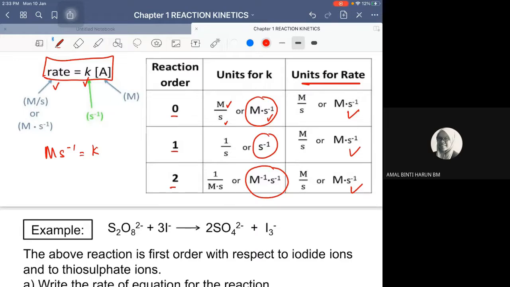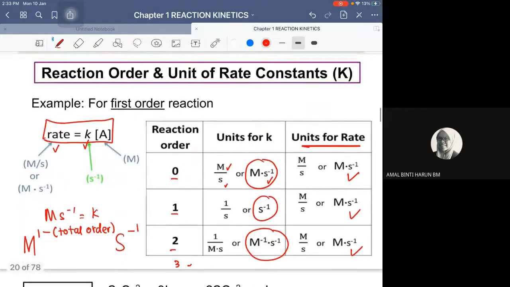You dapat order dia 4. So kita tak belajar third order, fourth order apa kan. So kita just ingat, you buat ni molar. Apa unit molar? 1 minus total order. Okay, per second.